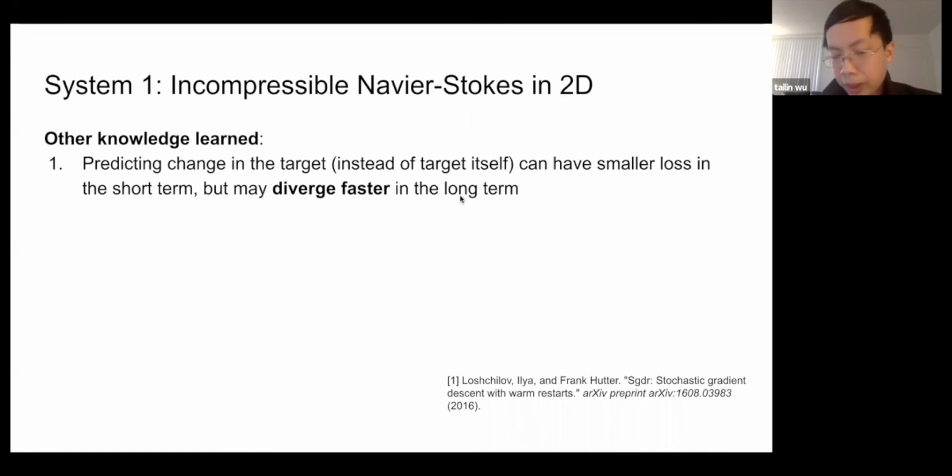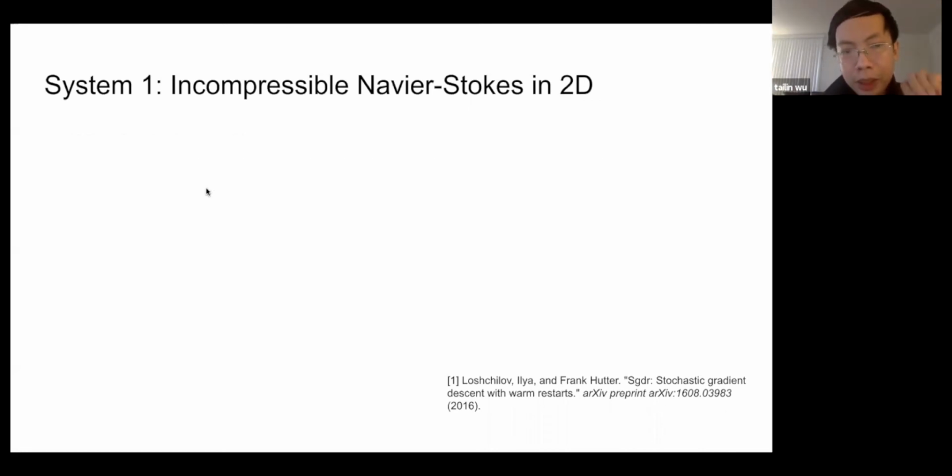Possibly because when we predict the difference in the input, we have to add this difference together over multiple times, and this addition may be biased up or down, and then this bias may accumulate. But if we only require that it predict itself, then it may not have this problem.